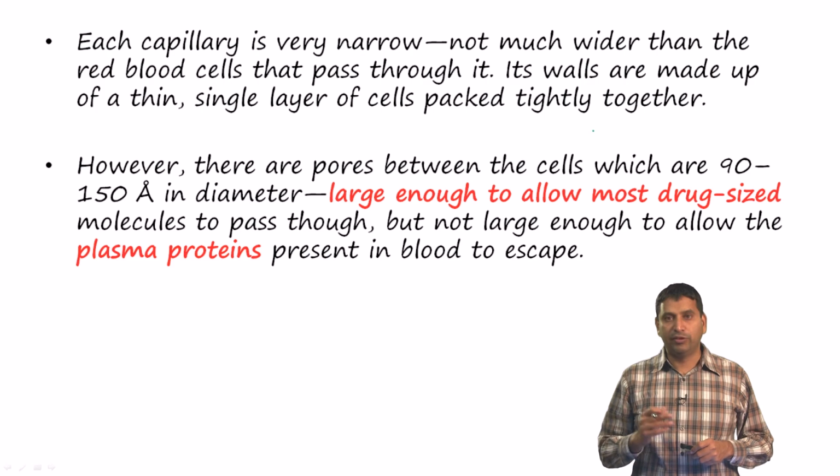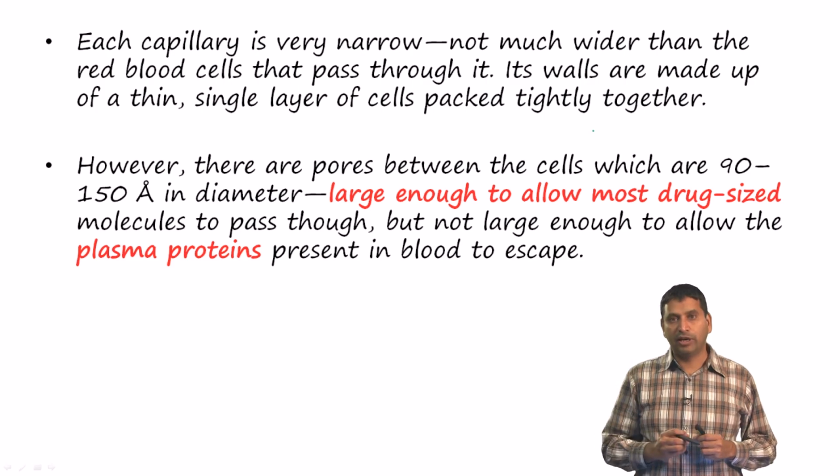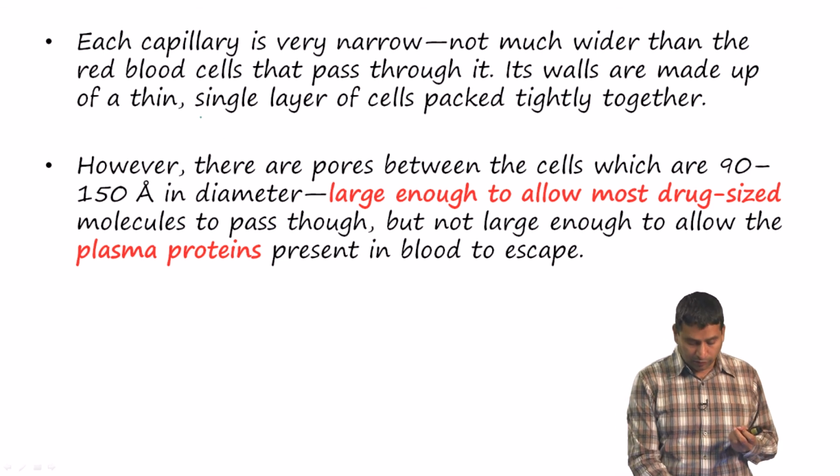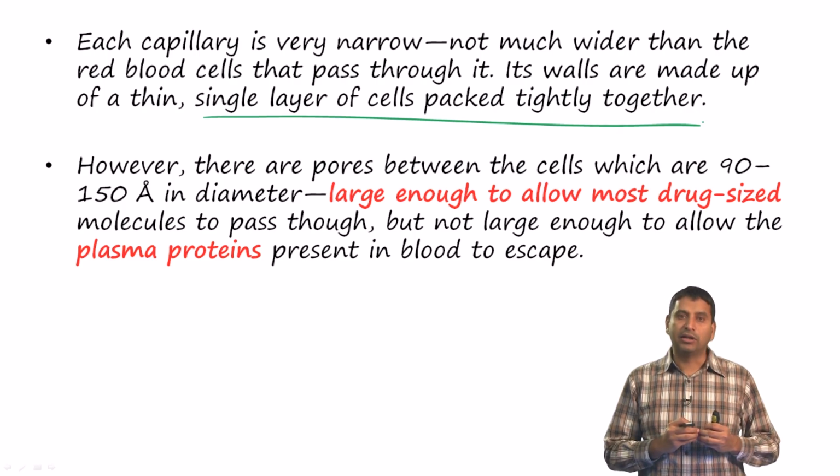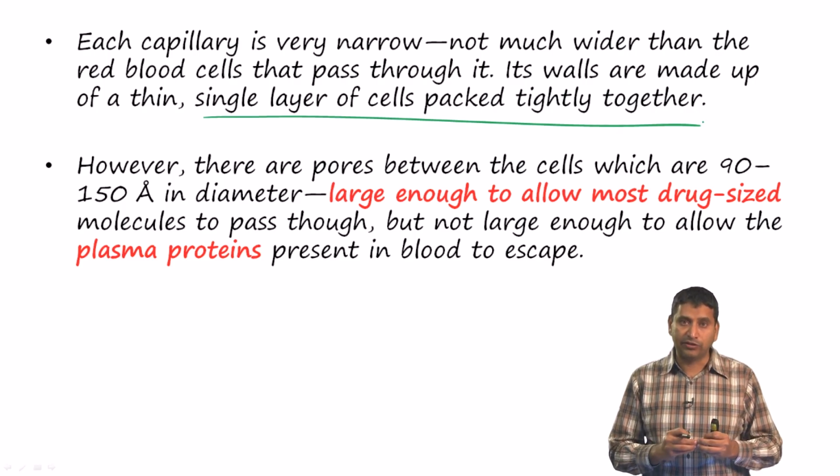Each capillary is very narrow, not much wider than a red blood cell, and its walls are made up of a thin single layer of cells packed very tightly together. Okay. But there are pores between these cells. Okay.